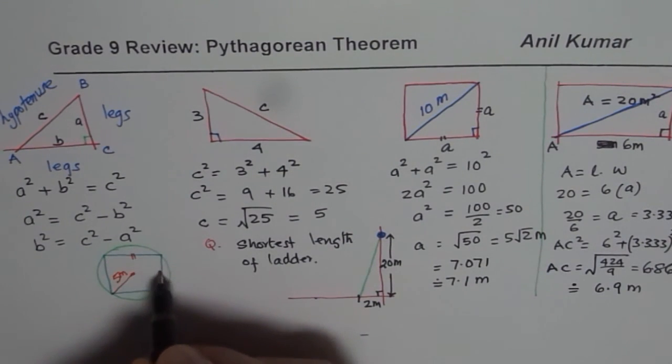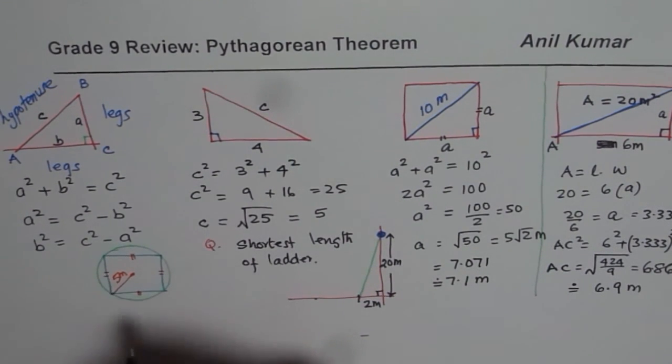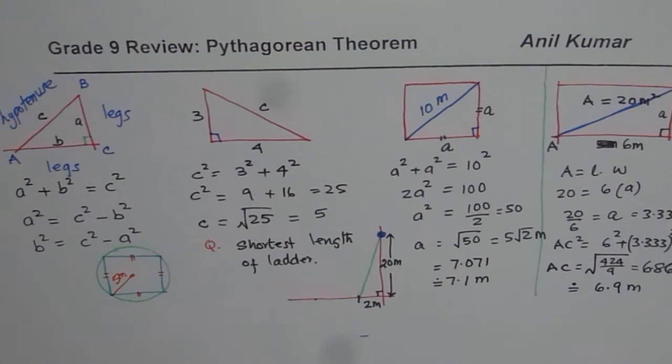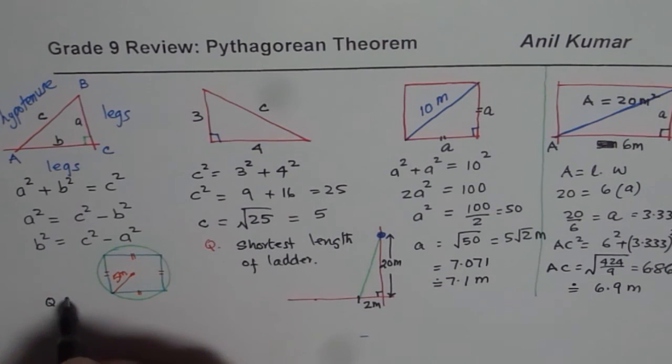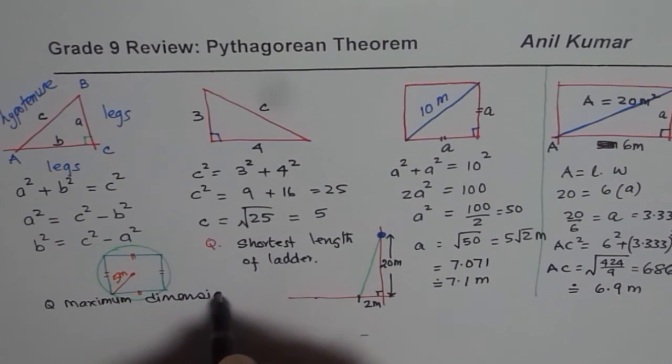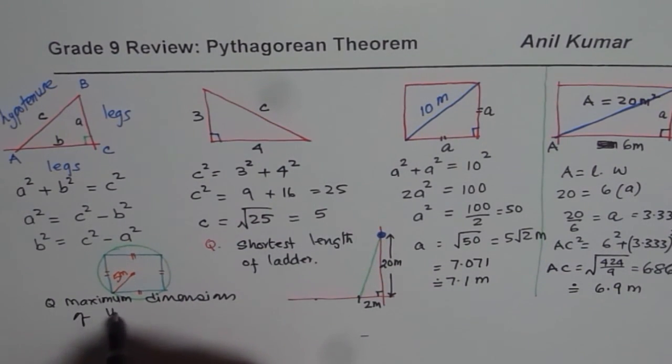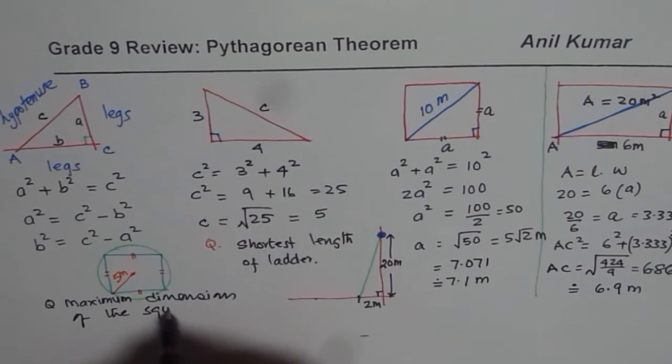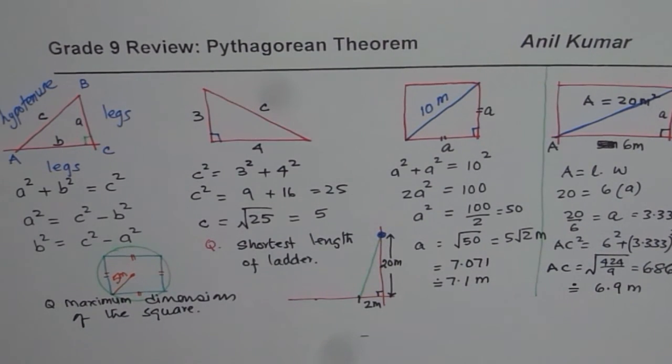That means all sides equal. So what is the maximum dimensions of the square? So the question for you is, find the maximum dimensions of the square that just fits into it, right? That is your question.